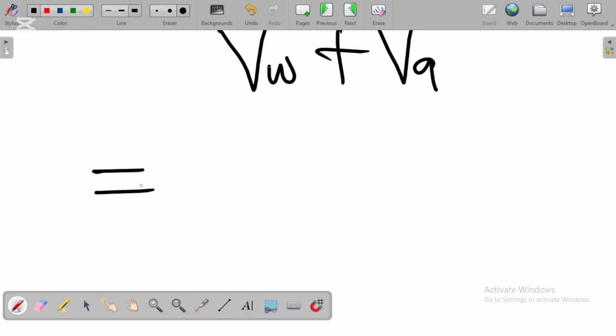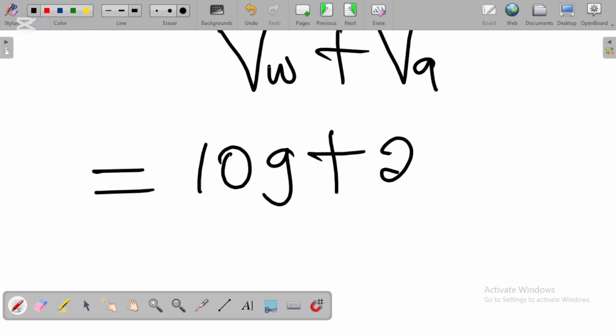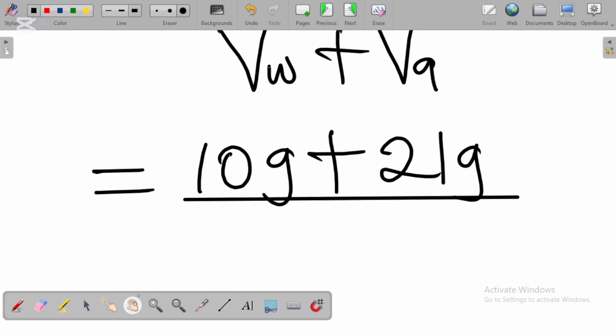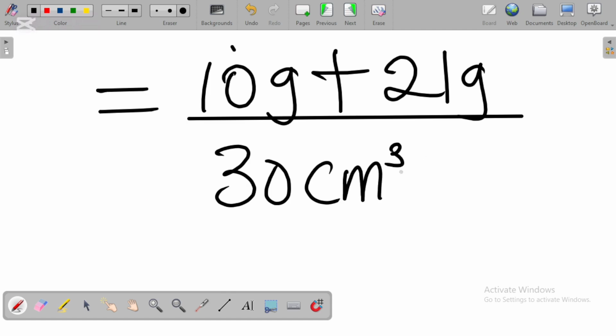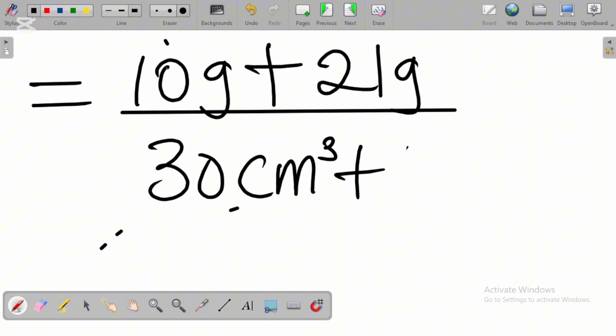All right, it is equal to, what is the mass of water? The mass of water is 10 grams, and then plus the mass of alcohol, which is 21 grams, and then all over, what is the volume of water? The volume of water is 30 cm cube, from what we calculated. And the volume of alcohol is what? 10 cm cube.